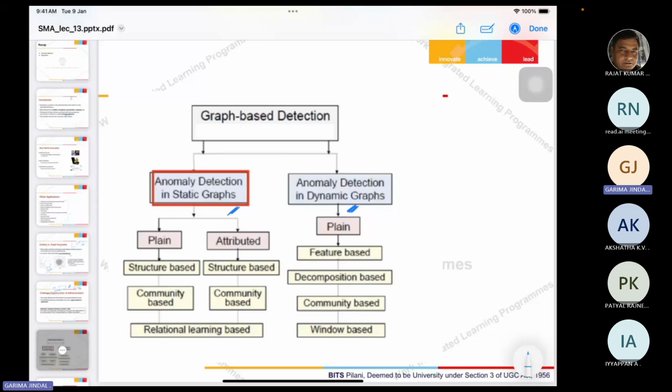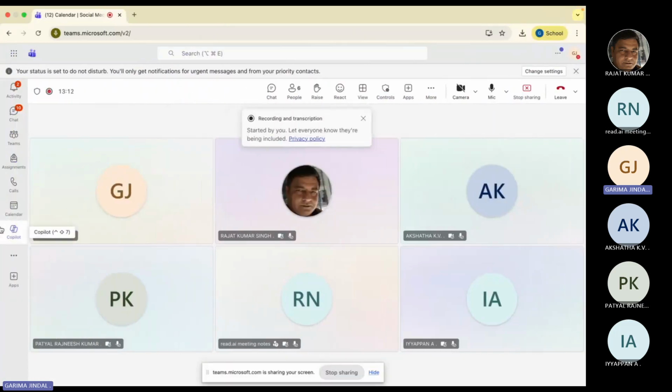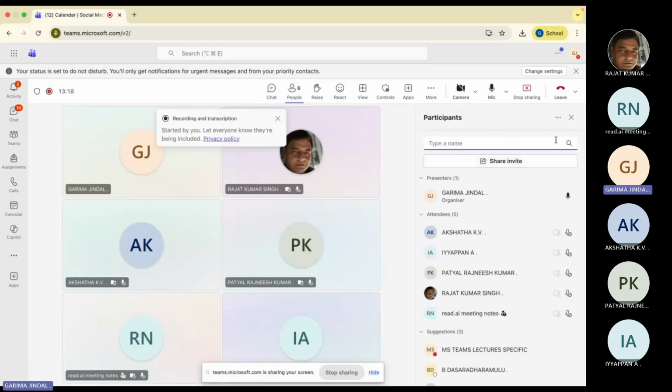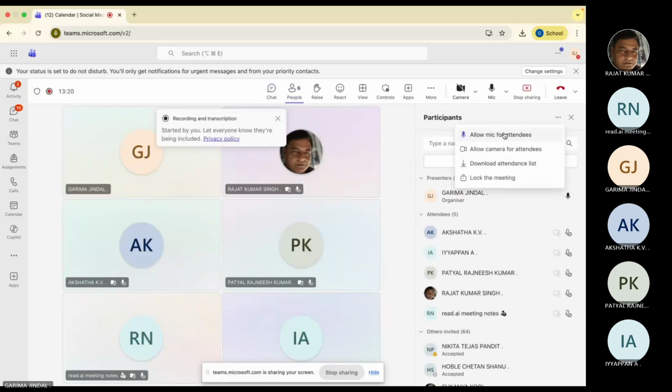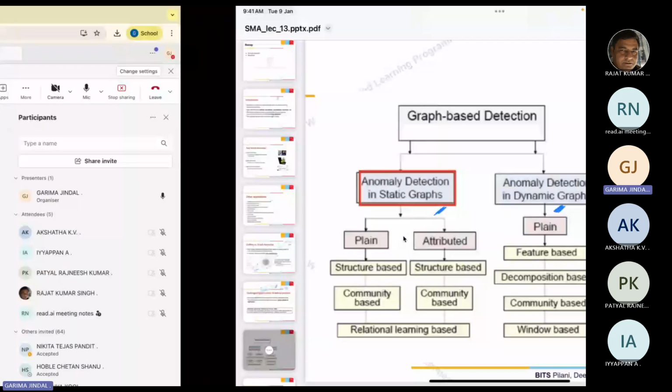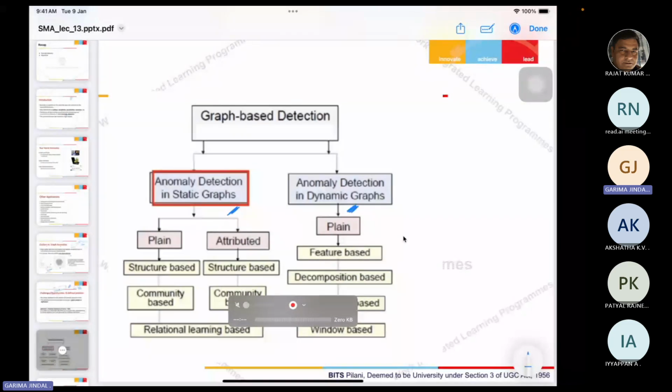Can anyone tell me the definition of dynamic graphs? We have already done this in our last lectures.